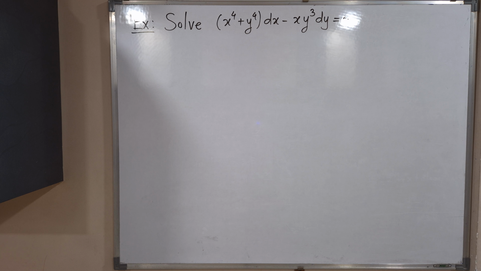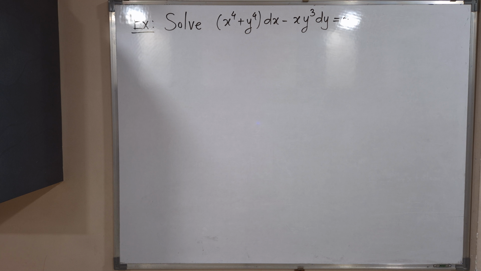That means first of all, we have to convert it into an exact differential equation. Now the question is how we can convert it. We have to find an integrating factor, and there are 4 different rules for finding the integrating factor. We have to check which rule is applicable and use that rule to find the integrating factor.